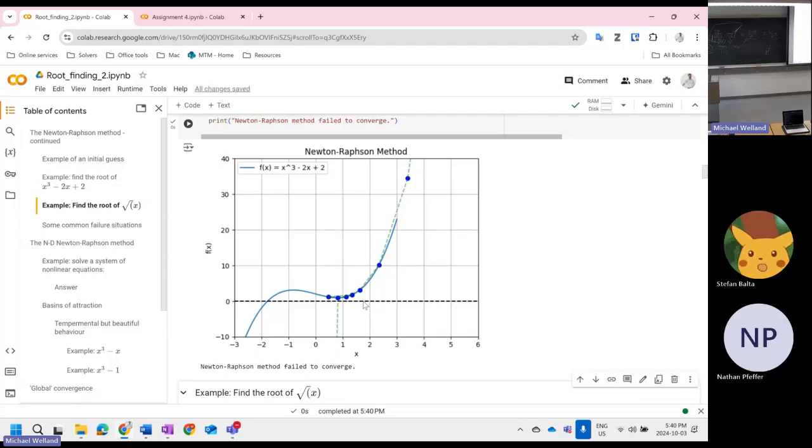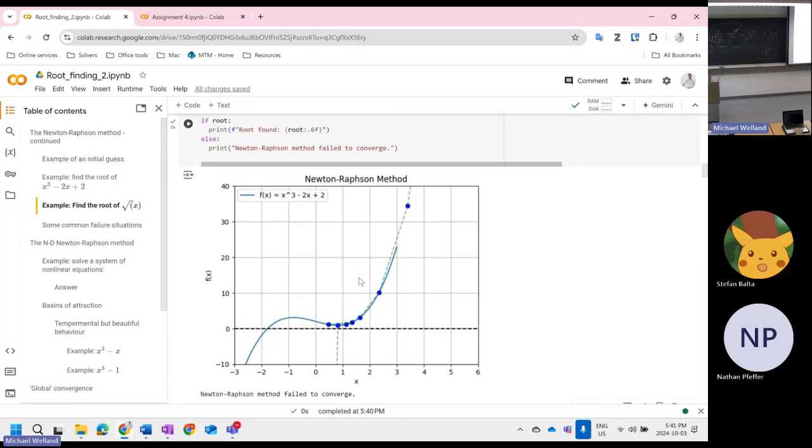So instead, at this point here, the derivative is almost horizontal. And because you're dividing by a horizontal derivative, which is 0 or near 0, the next guess shoots way off and you're off to La La Land. You're like 3,000 or 4,000 in the wrong direction at this point, right?